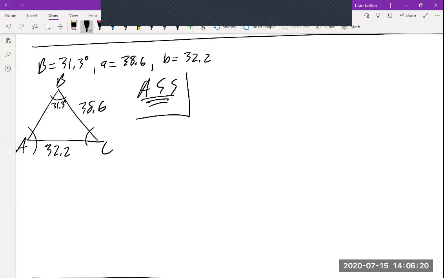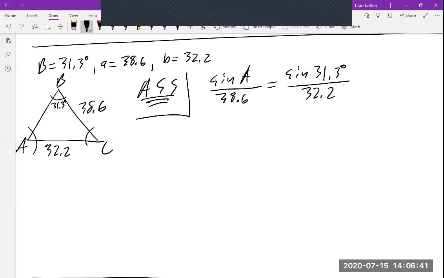So what we're going to do now is set up the sine of A over 38.6 is equal to the sine of B, which is 31.3 degrees, divided by 32.2, okay? So now I'm going to get the sine of A is equal to sine 31.3 divided by 32.2 times 38.6.